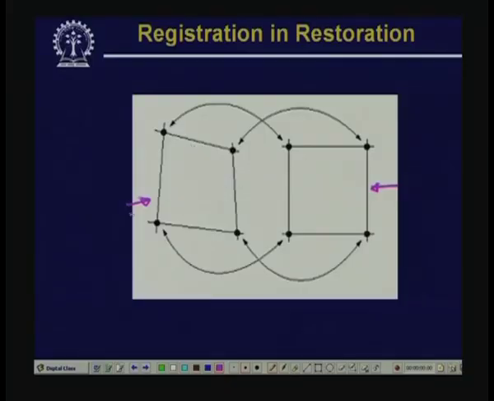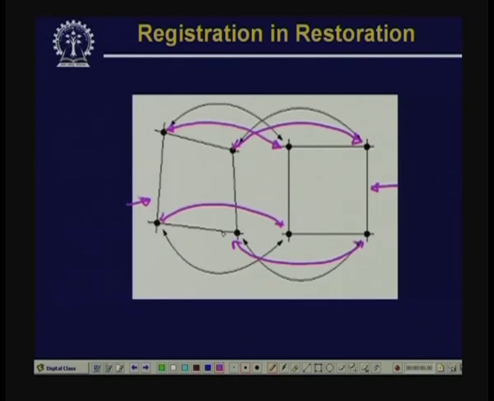So, once I can do that kind of registration, in this case this is a point which corresponds to this particular point. So, if somehow we can register these two, that is, we can establish the correspondence between this point and this point, and between this point and this point, and between this point and this point, and between this point and this point, then it is possible to estimate the degradation model.